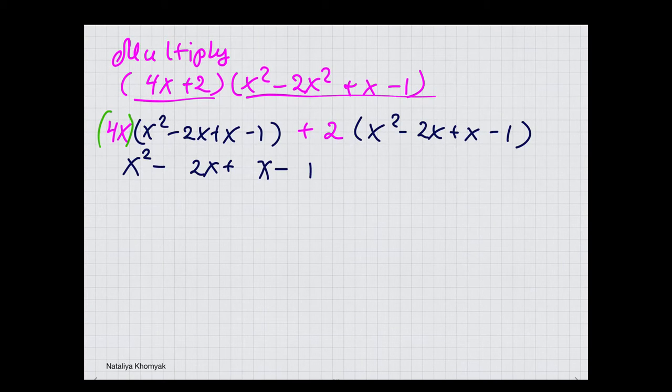We need to distribute this 4x. We still need to do distribution here. So this is positive x squared. And we need to distribute this 2.